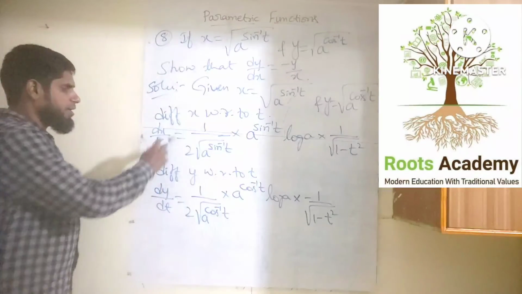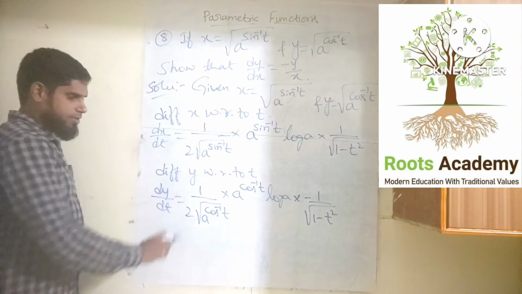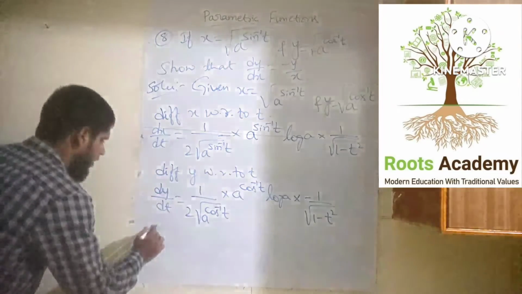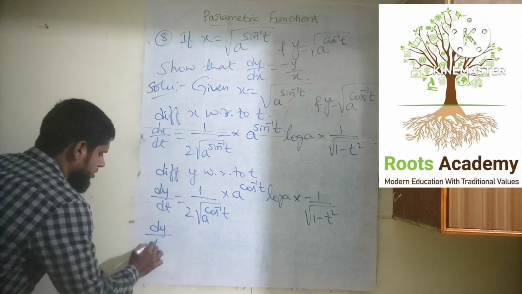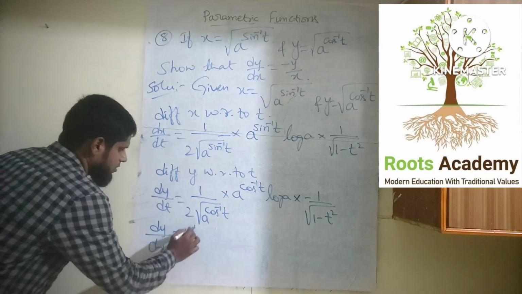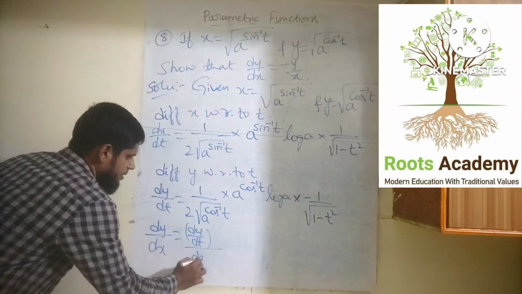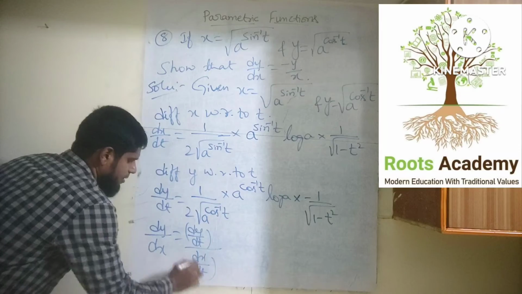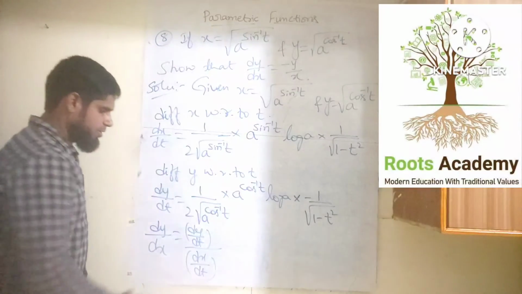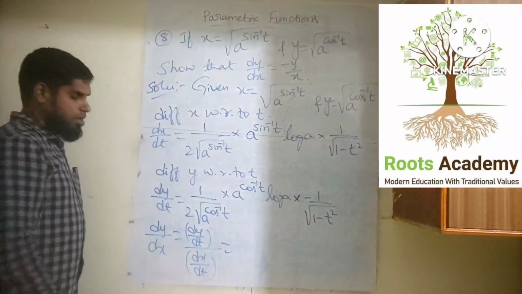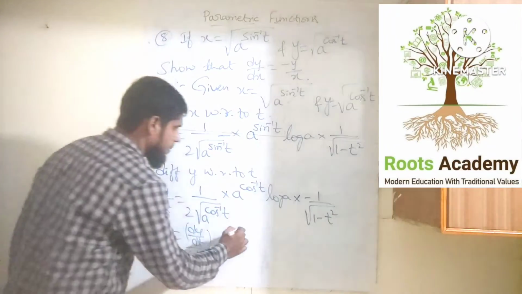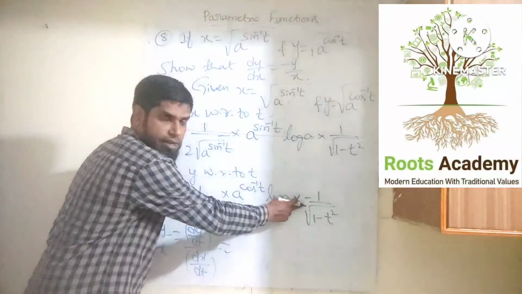So after getting dx by dt and dy by dt, let us write dy by dx. That is equal to dy by dt all divided by dx by dt. So this is equal to our dy by dt, where there is a minus in the numerator here.